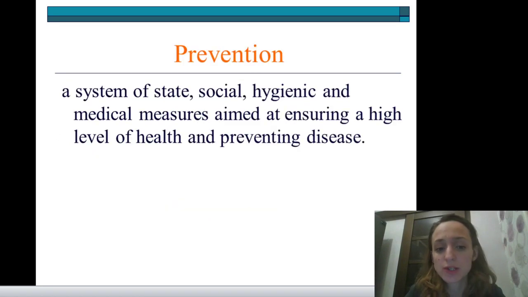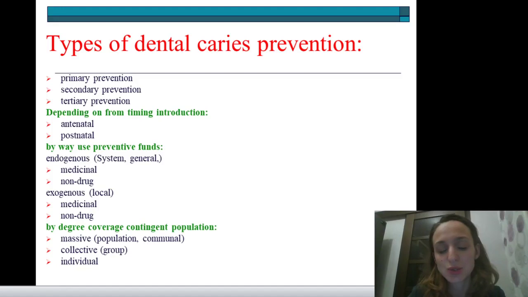And what about prevention? Prevention is a system of state, social, hygienic, and medical measures aimed at ensuring a high level of health and preventing disease. You should know about some types of dental caries prevention, such as primary, secondary, and tertiary prevention, and depending on the timing of introduction, antenatal and postnatal.